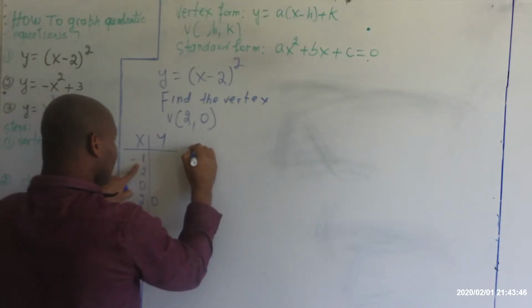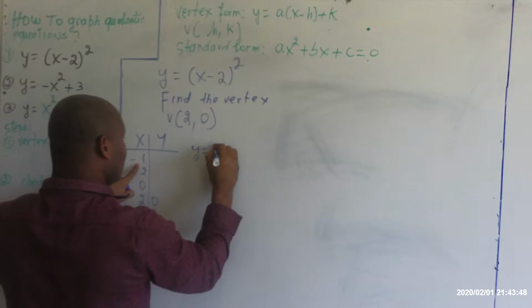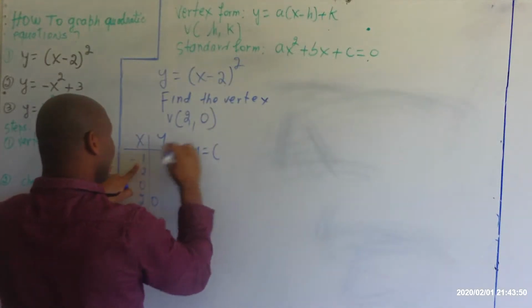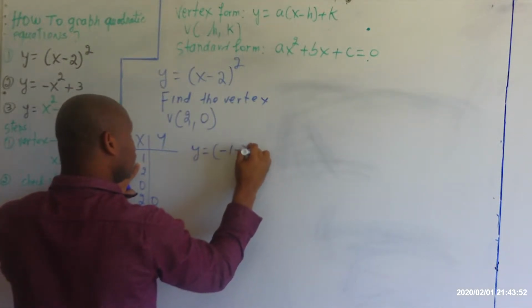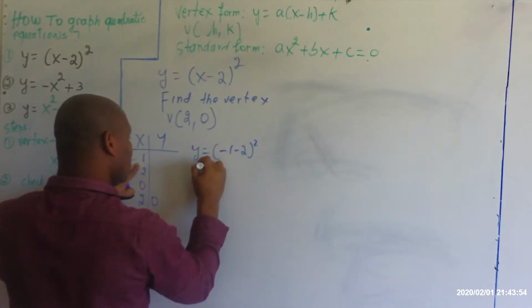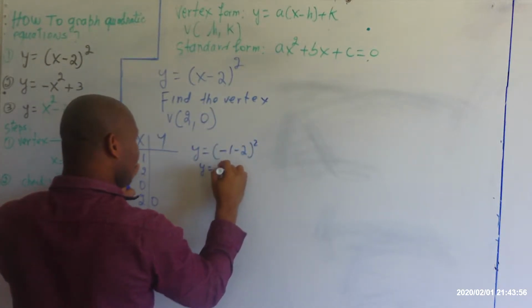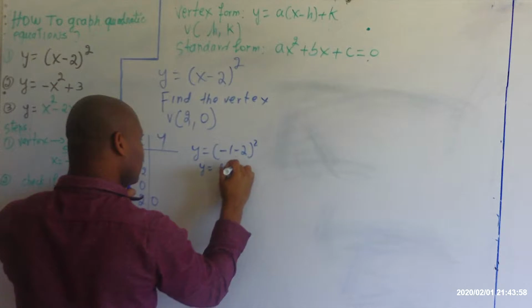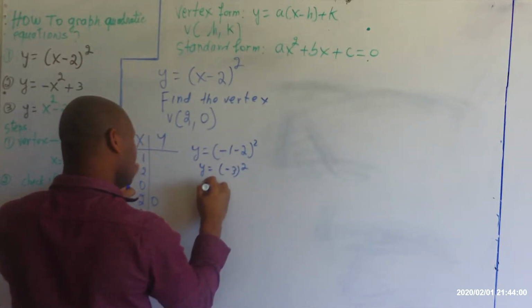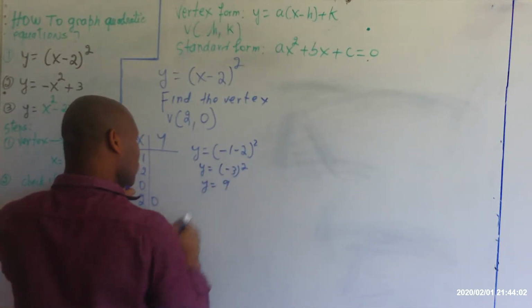So y equals, x is negative 1: negative 1 minus 2, that's negative 3, to the power 2. That's going to be 9.